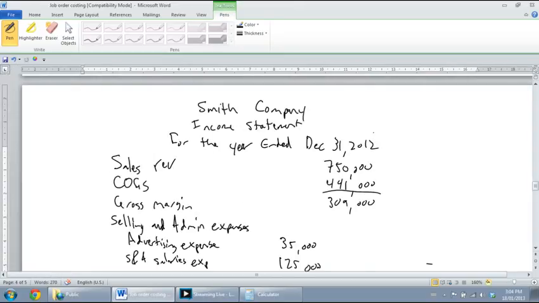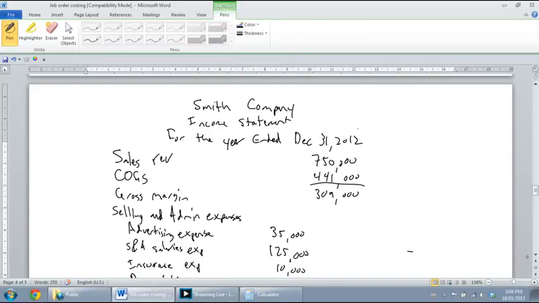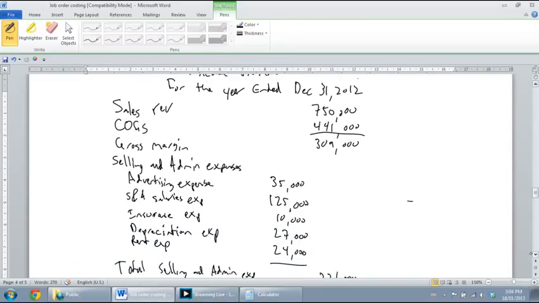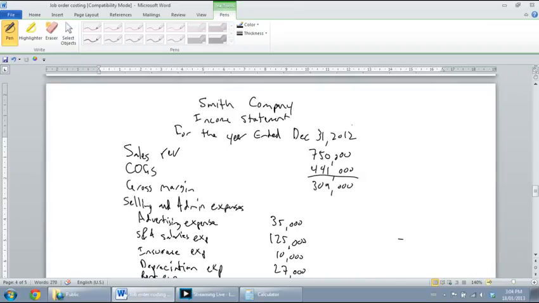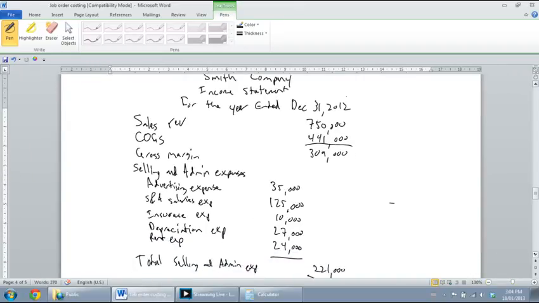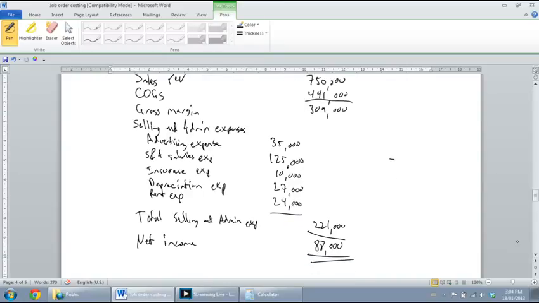I'll zoom out a little bit so we can see it all on one screen here, or at least all the numbers on one screen. Gotta zoom out a bit more. And all it is is our summary of revenues and expenses for the year. And you can see we had $750 in sales, $441 in cost of goods sold. Sales minus COGS is gross margin.